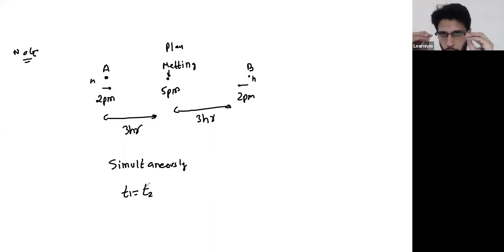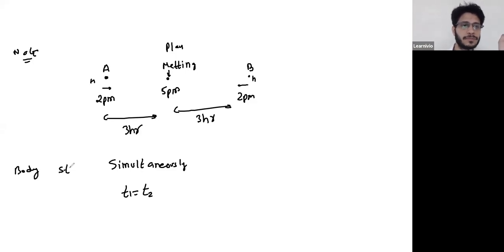If stones are thrown simultaneously and they collide, this is possible only if both take the same time to travel from initial to the point of collision. Always remember this result. If bodies start simultaneously, it means T1 is equal to T2. Just note it down. We'll use this concept in the next video.